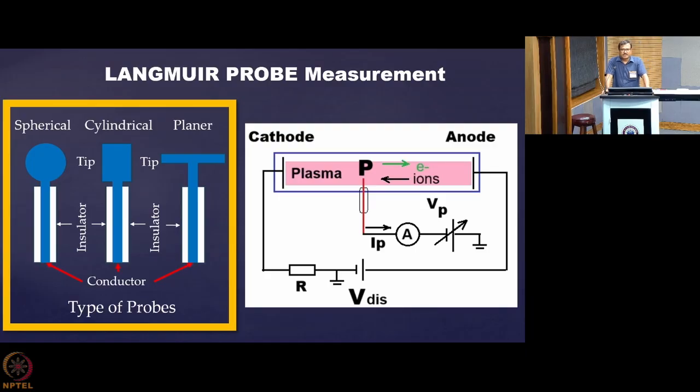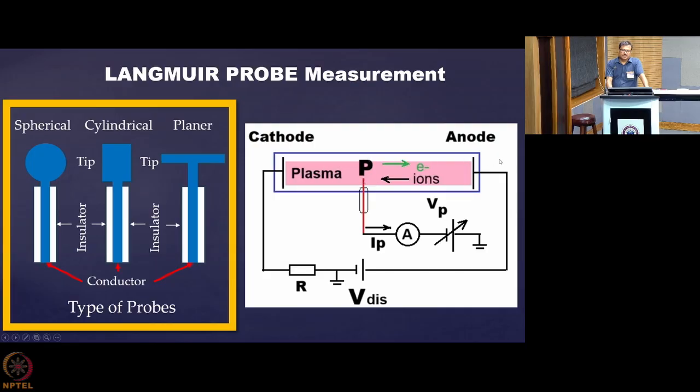Now, a typical configuration to determine the temperature using a Langmuir probe goes like this. There are two electrodes between which the discharge is taking place, and you have created a non-equilibrium plasma or a cold plasma inside this device. Now what you are doing is you have inserted the probe at some location to determine the temperature at that zone.